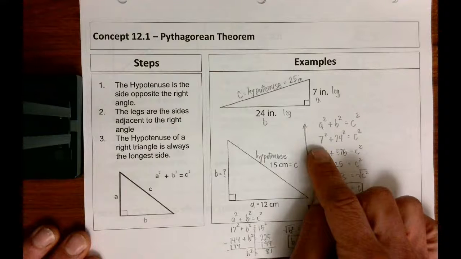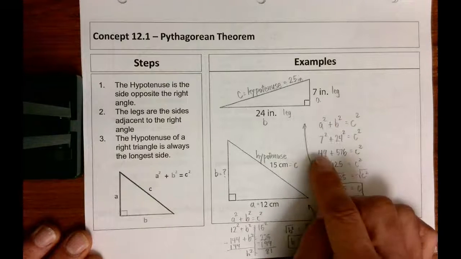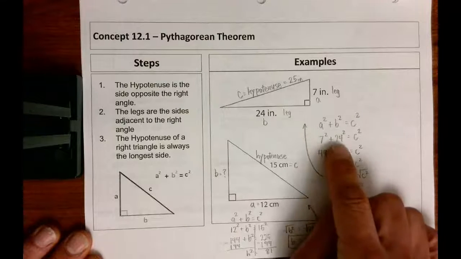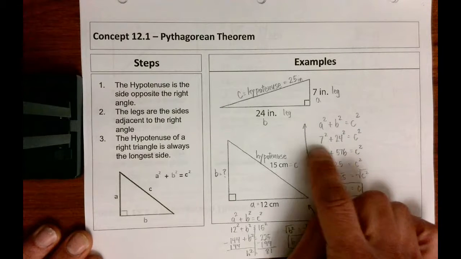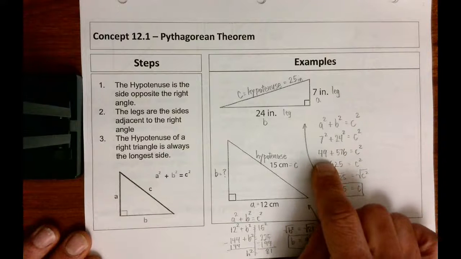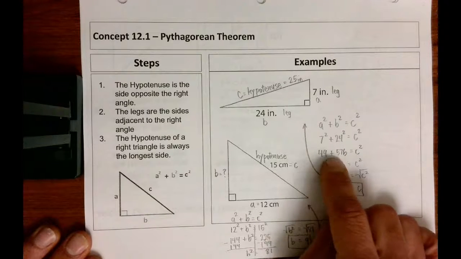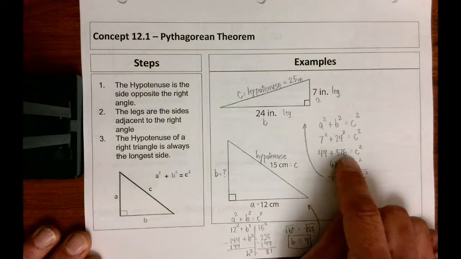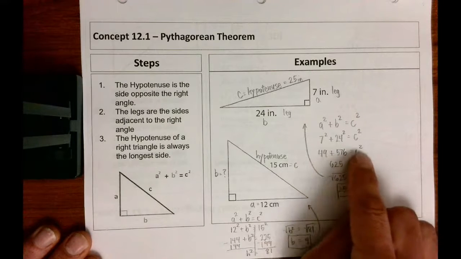Okay? One leg I identified as A is 7. The other leg I identified as B is 24, and I squared both of those values, right? 7 squared is 49, and 24 squared is 576, and if I add those two together, they're equal to C squared.